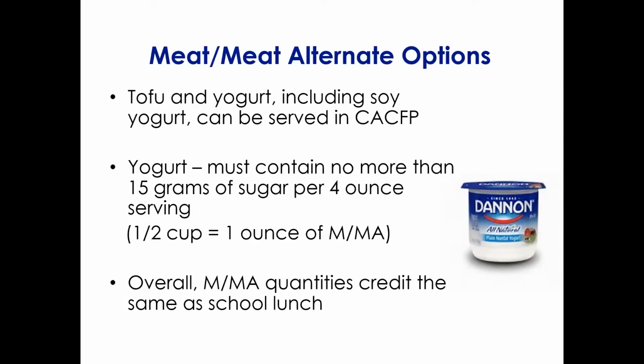There is a handout, again, in your handout packet that helps give you the breakdown of how many grams of sugar would be allowable for the portion size. But again, a 4-ounce or essentially a 1/2 cup serving of yogurt would be limited to no more than 15 grams of sugar. And then overall, those meat alternate quantities credit the same as they would in the school lunch meal pattern.